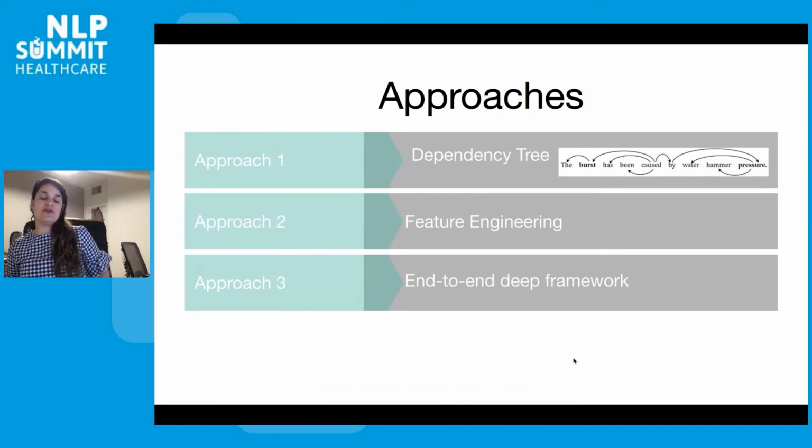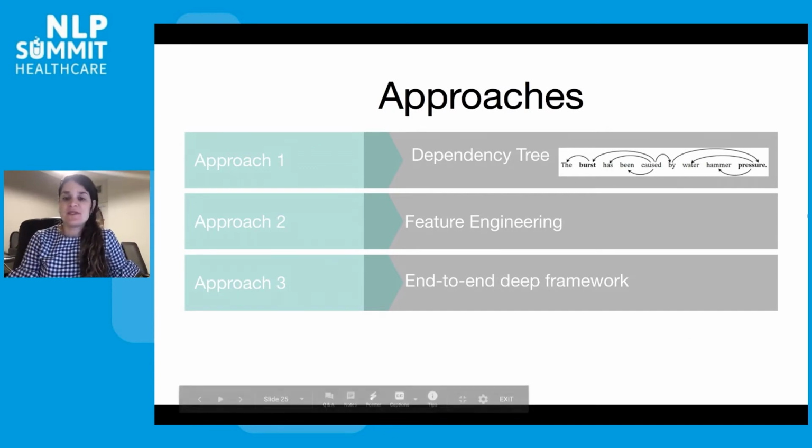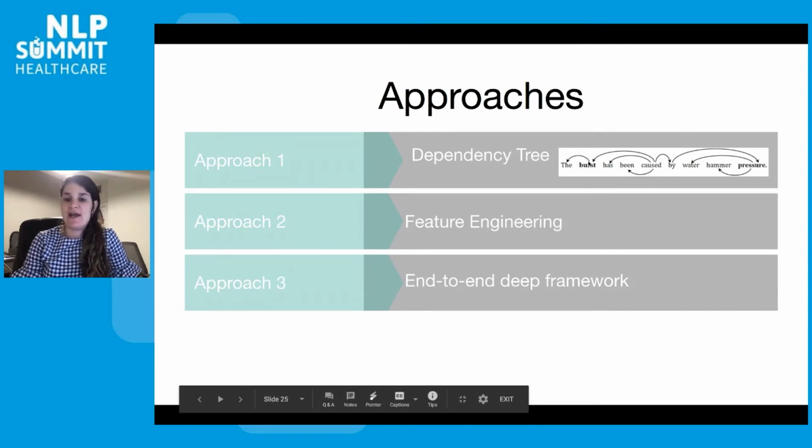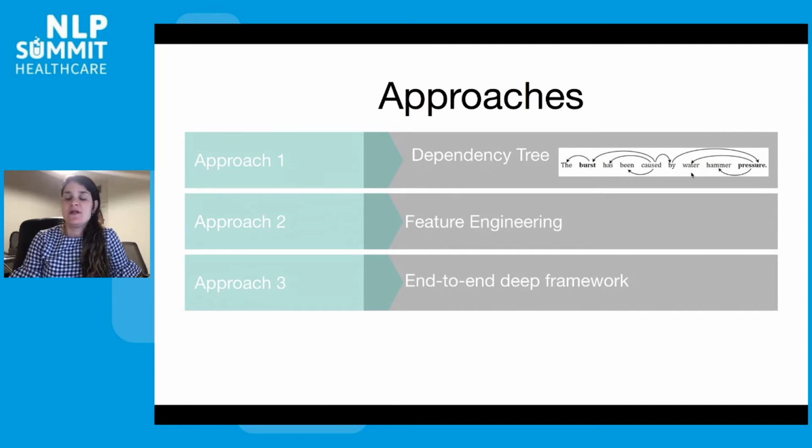There are different approaches to do this. One of the approaches is to use a dependency tree. A dependency tree is an NLP mechanism to find dependencies between words in a sentence. So we can use it to find that stabbing is related to chest pain and not related to headache.